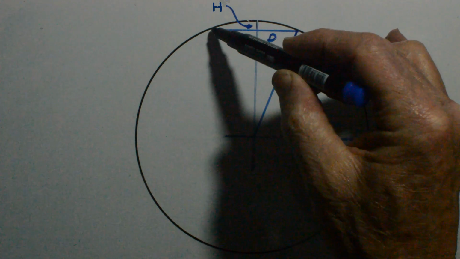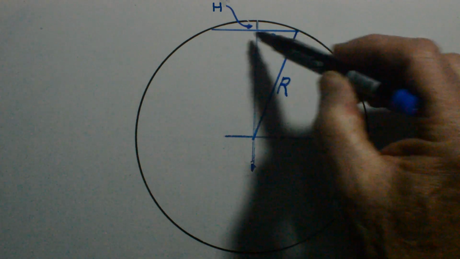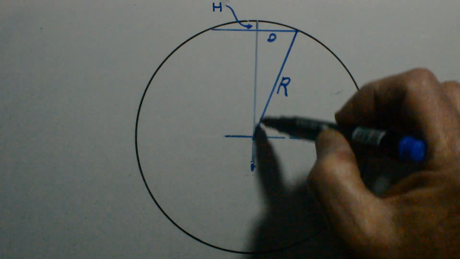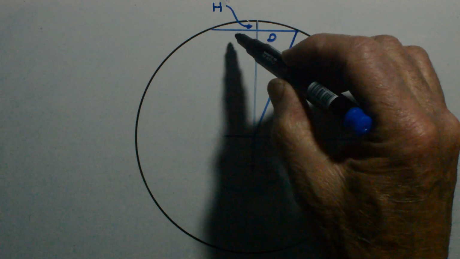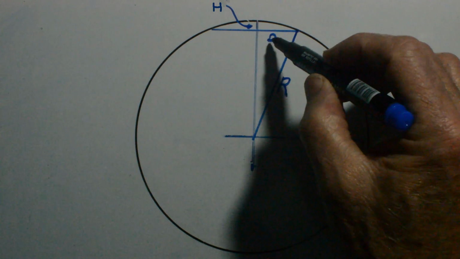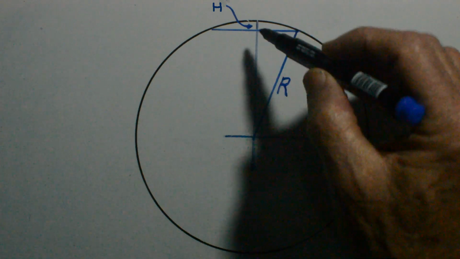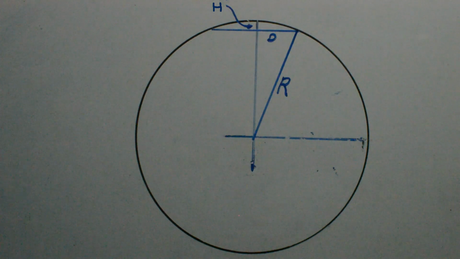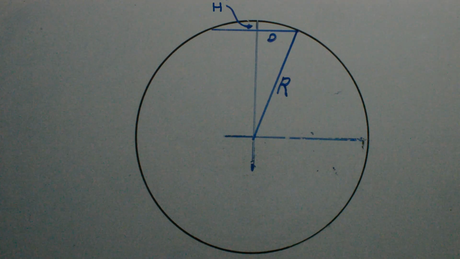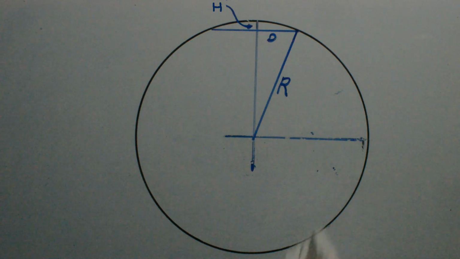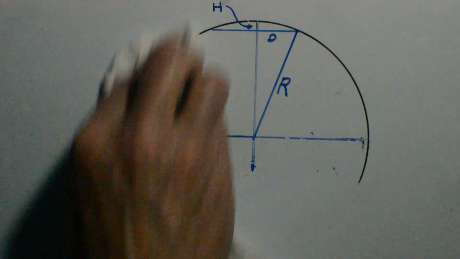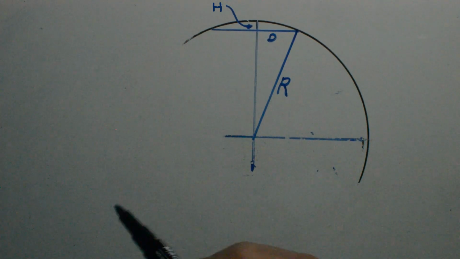This chord is at right angles to this line here. So you have a d here and a d here, which are the distance out to the circle. We have an h here, which is the height. Now we can work out a formula for the radius very simply here.